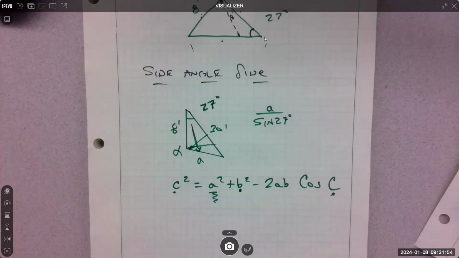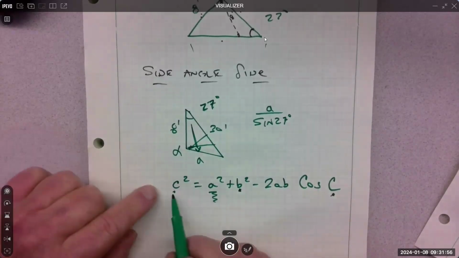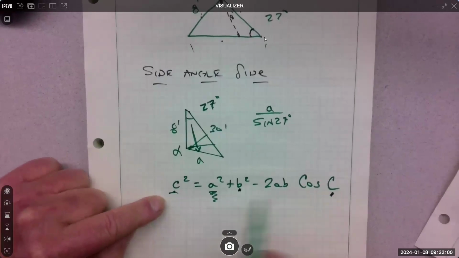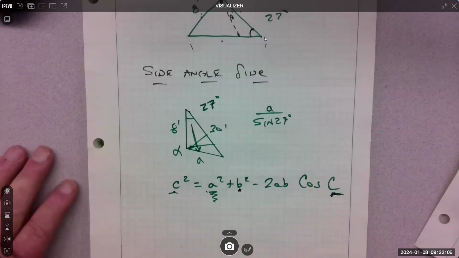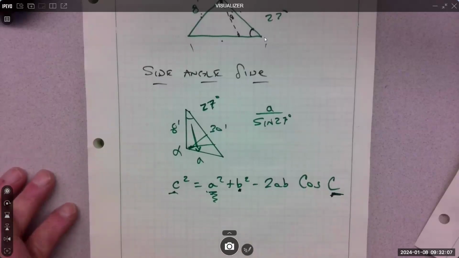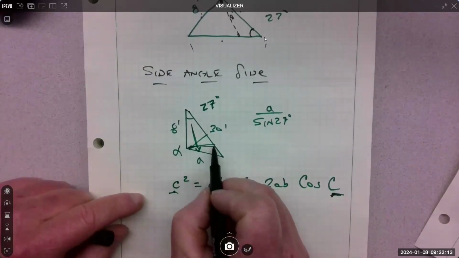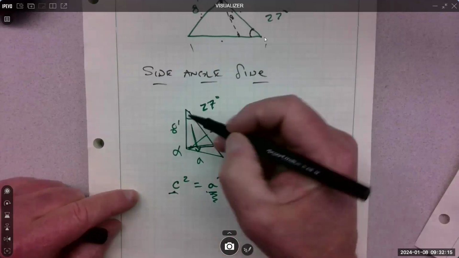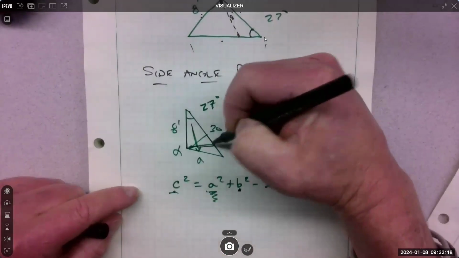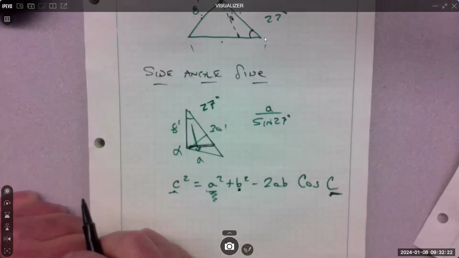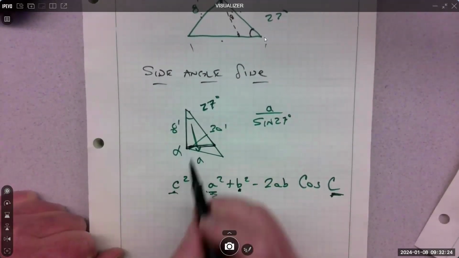All right. So this one needs 3 sides and you can find an angle, or it needs 2 sides and the angle C. So if we were gonna break this into a right triangle, that's still not gonna help get that distance.